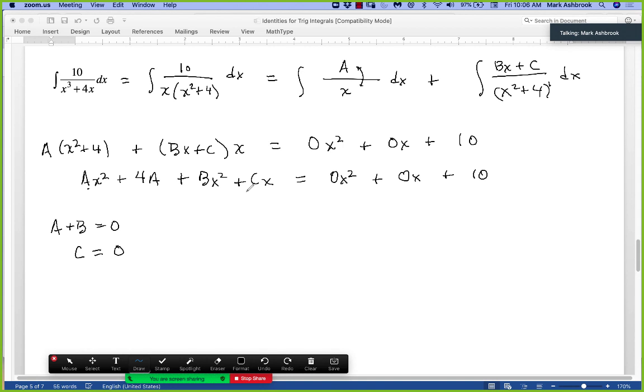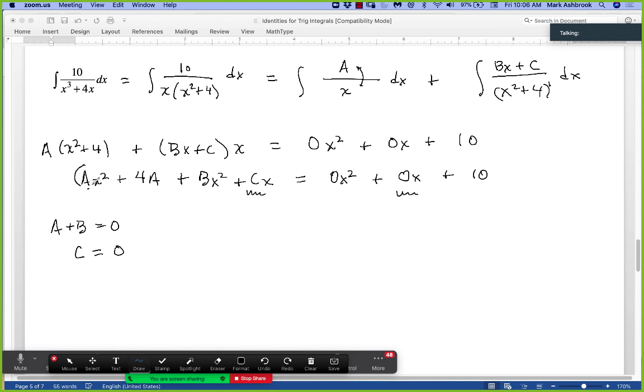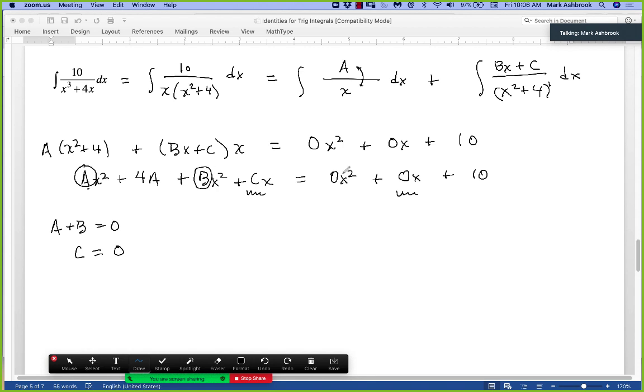Because that's the only x term. So x terms, x squared terms, and then constant. 4a equals 10. So this one falls out very easily. A is 5 halves. B is negative 5 halves. C is 0.